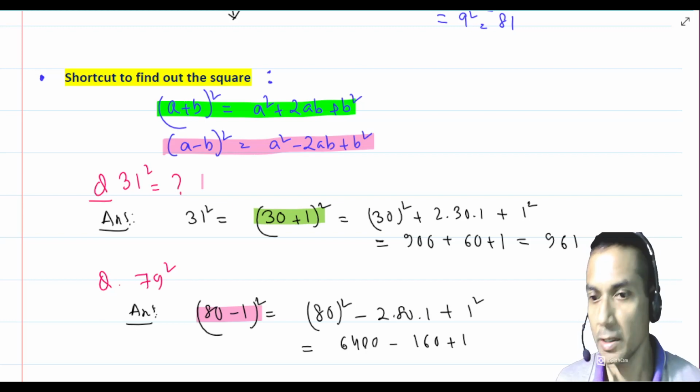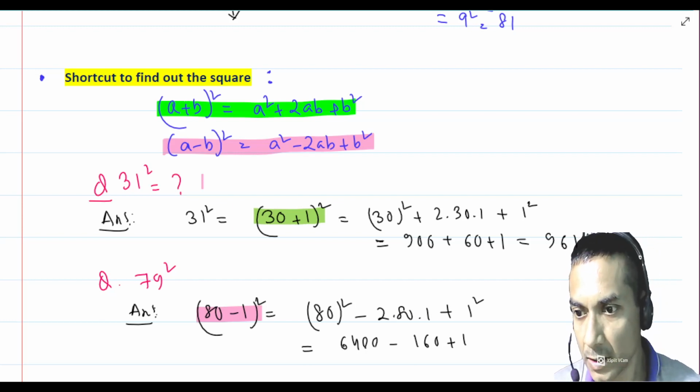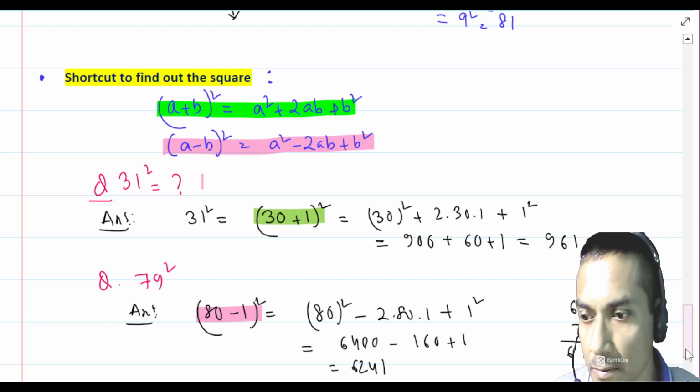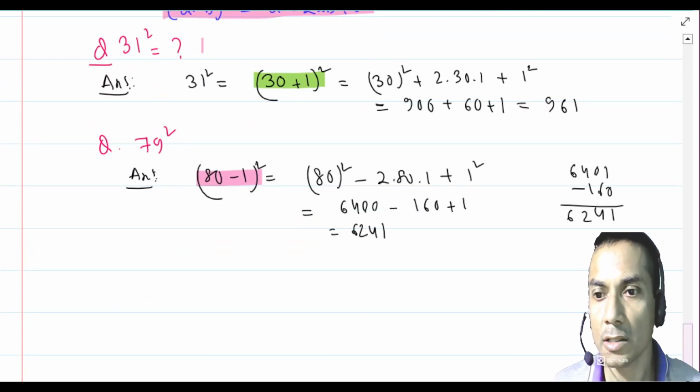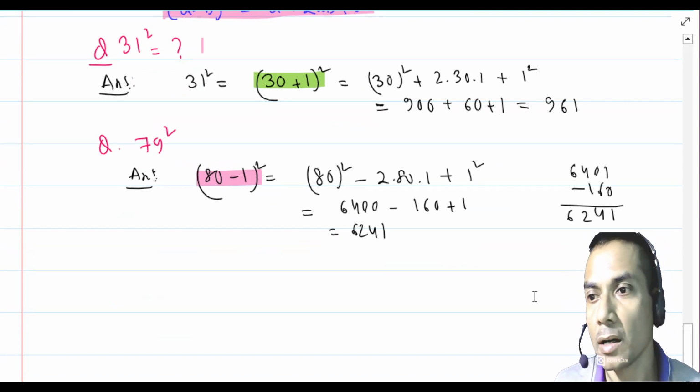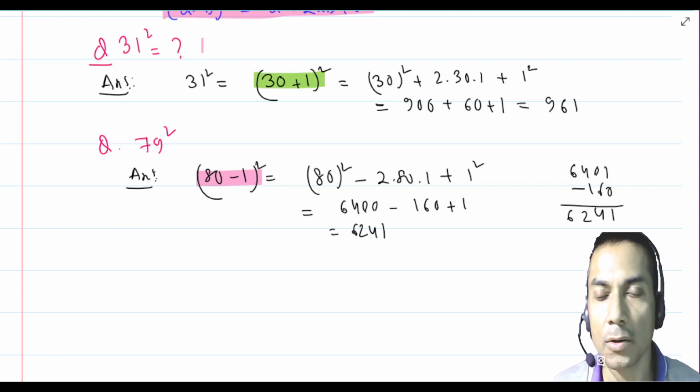So what value do we get? 6401 minus 160, so it will be 6241. Clear? So 6241 is the right answer. This way the calculation will be very easy. Otherwise you have to do a lot of multiplication.